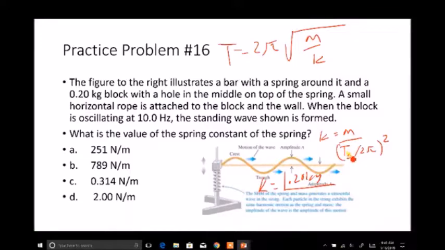Now we're given the frequency. Remember that period equals 1 over frequency. So if the frequency is 10 hertz, the period is going to be 0.1 seconds. So we're going to have 0.2 kilograms over 0.1 seconds over 2 pi, the whole quantity squared. So when we do the math here, we end up with an answer of K is equal to 789 newtons per meter.